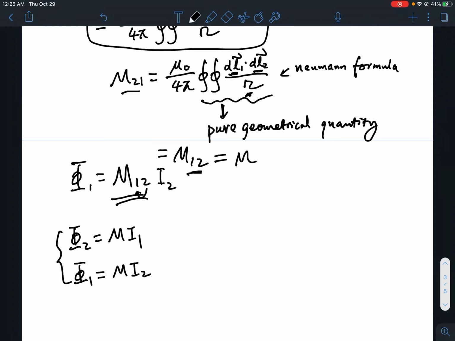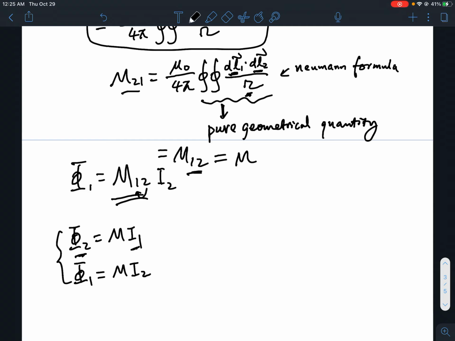So now you can see that the flux through loop 2 from a current I on loop 1, and the flux through loop 1 from the same current I on loop 2, are the same if we have the same current in either of these two loops.